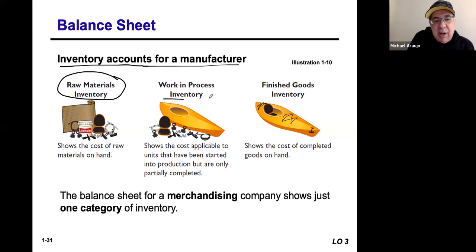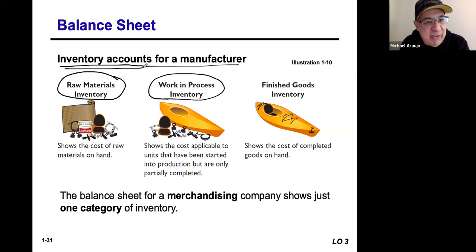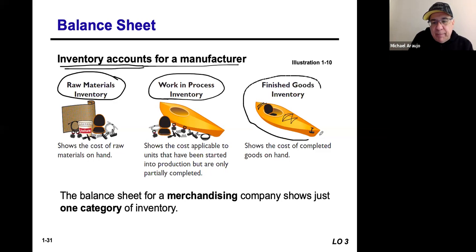And then, of course, they are working to process that into a finished good. So any work in process is also technically part of an inventory of a manufacturer. And then, of course, once it's all finished, that finished goods inventory from a manufacturer can now be sold to other businesses that can sell it to us.